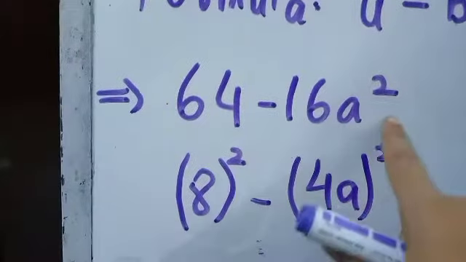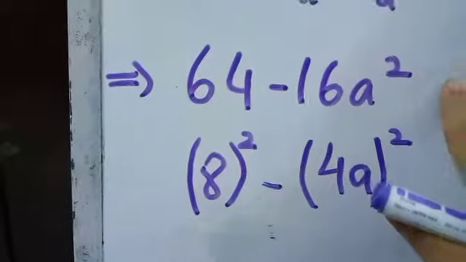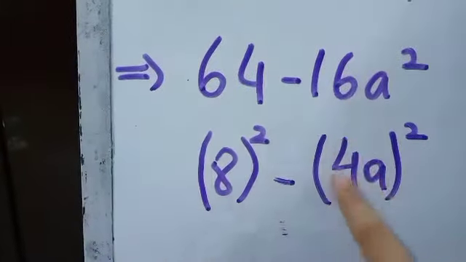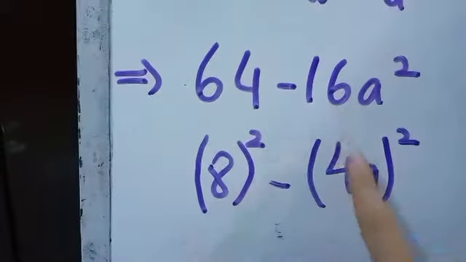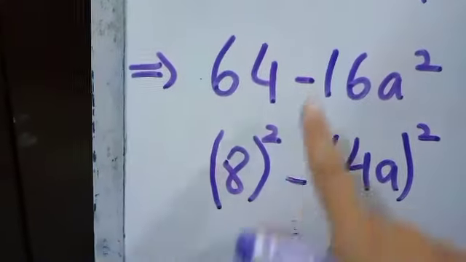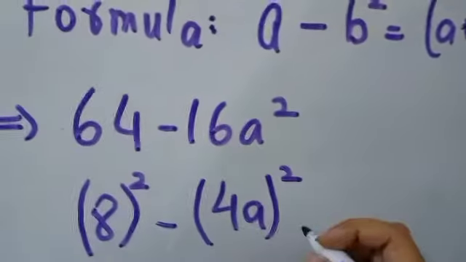Check back that it is giving you the original number in your question. 4 4s are 16a square, with the minus sign there. 8 8s are 64. So my original question is in its place.